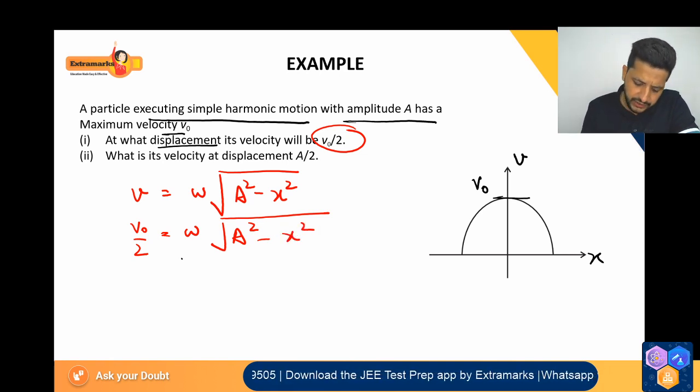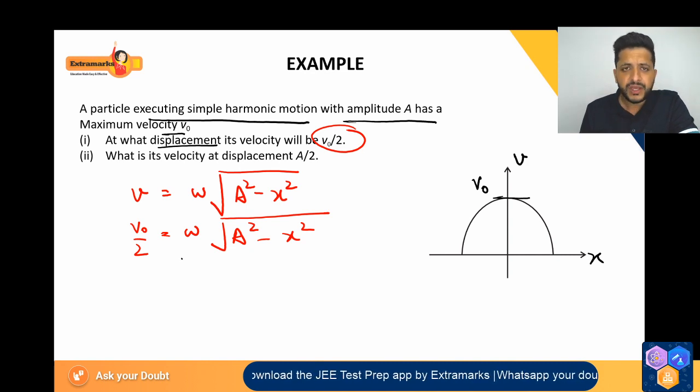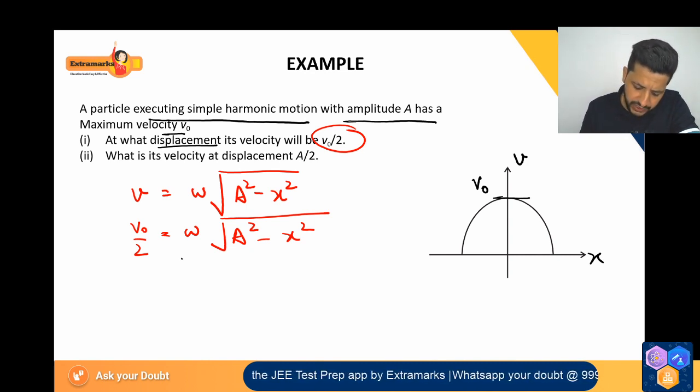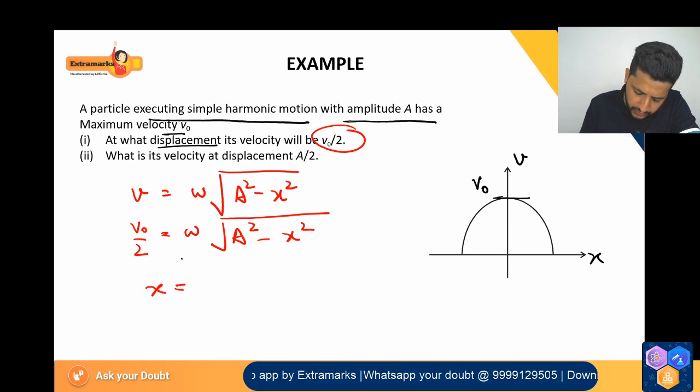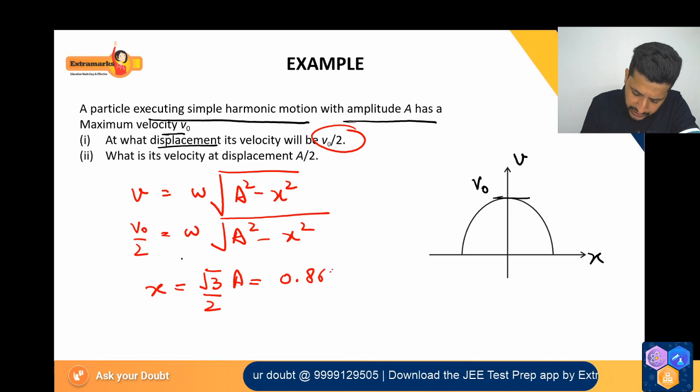Fine. And if we do our calculations, we will get the value of x to be almost root 3 by 2 times A, which, if I convert it into decimals, is 0.866 times the amplitude.